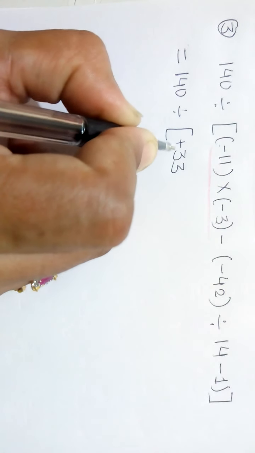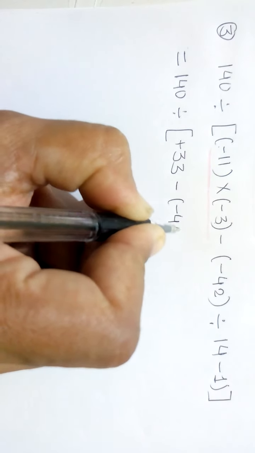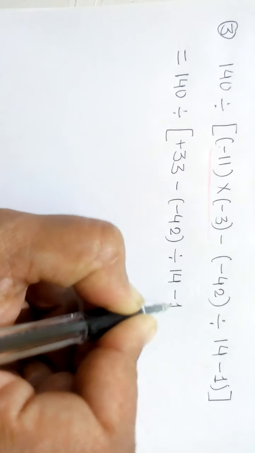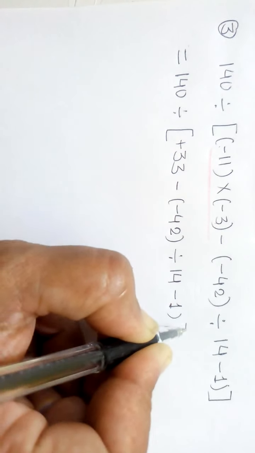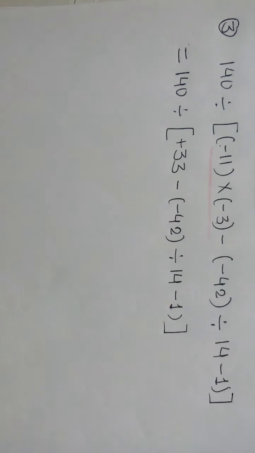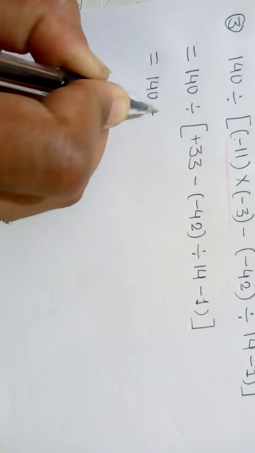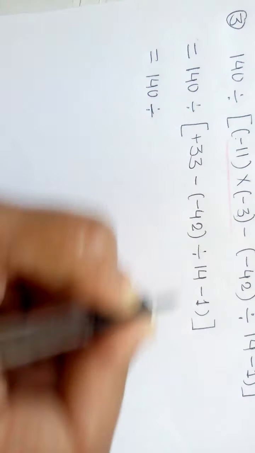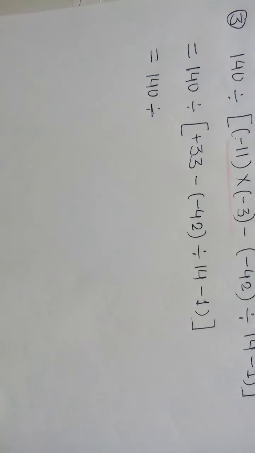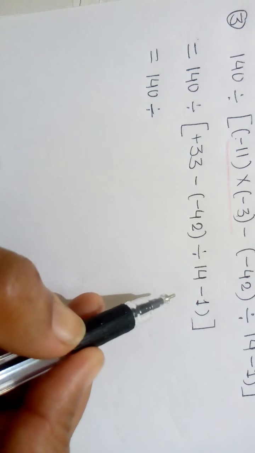So it is positive 33 minus 42 divided by 14 minus 1. The remaining expression as it is we have written. Now the next step, again 140 as it is we will write, divided by, now we will think about the bracket only.